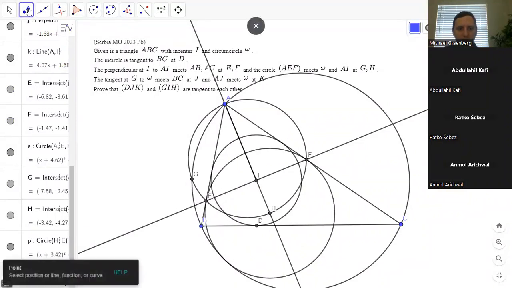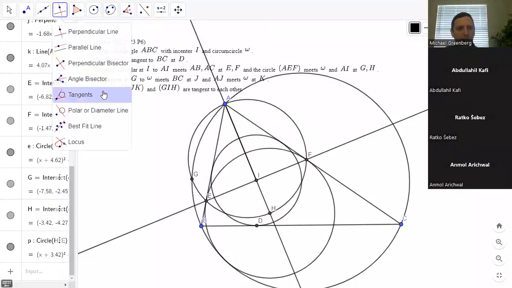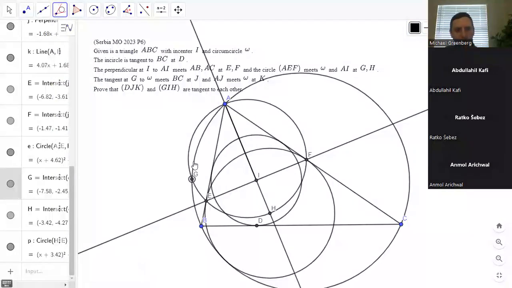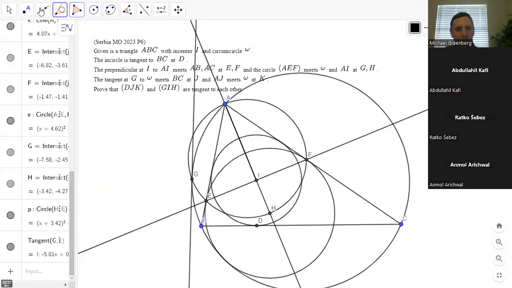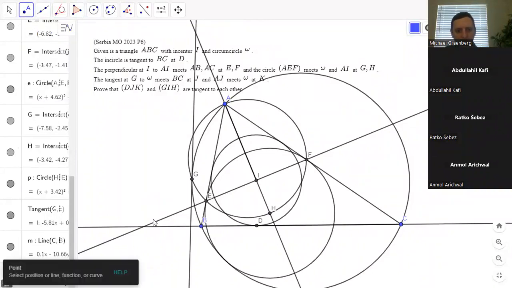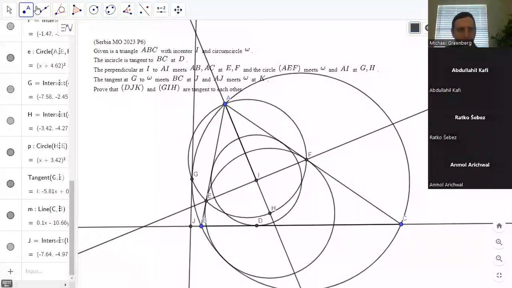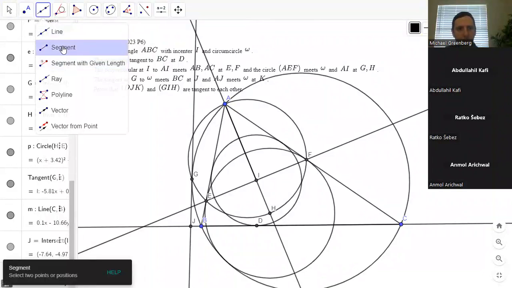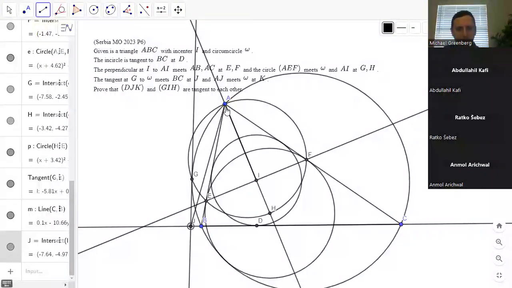And let's see, the tangent at G to the big circle meets BC at a point J, and AJ meets the big circle at K. So I'll draw this better in just a second.